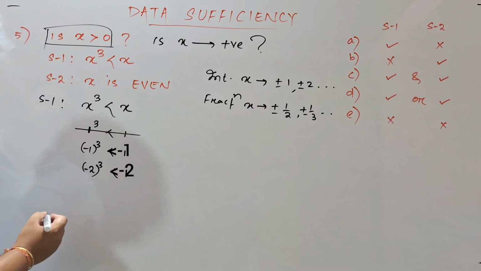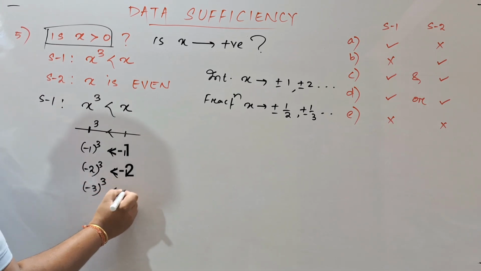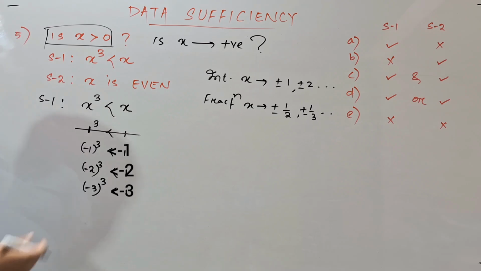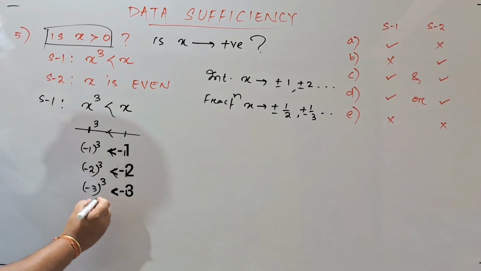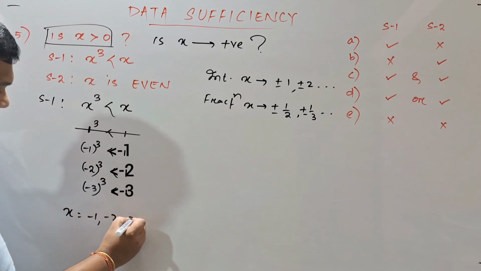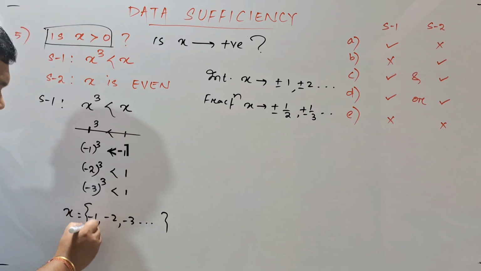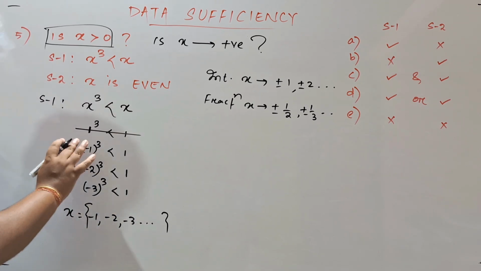Clear? Similarly minus 3 cube less than 1, yes. All negative values are less than 1. So when x is equal to minus 1, minus 2, minus 3 up to minus infinity, this condition is satisfied.